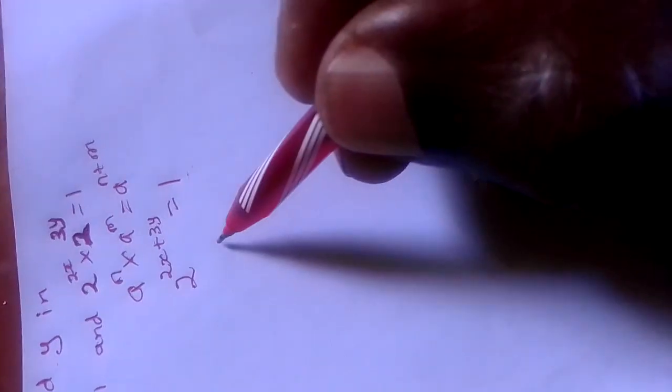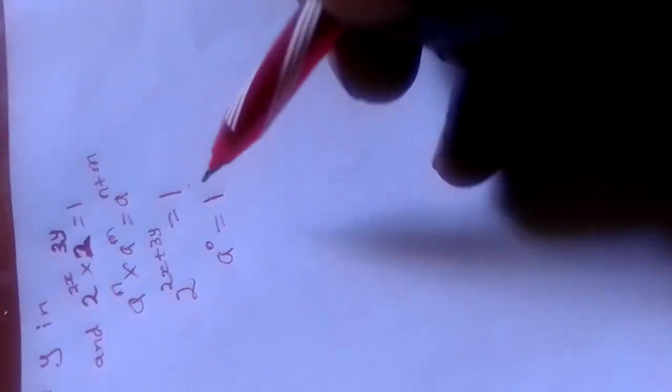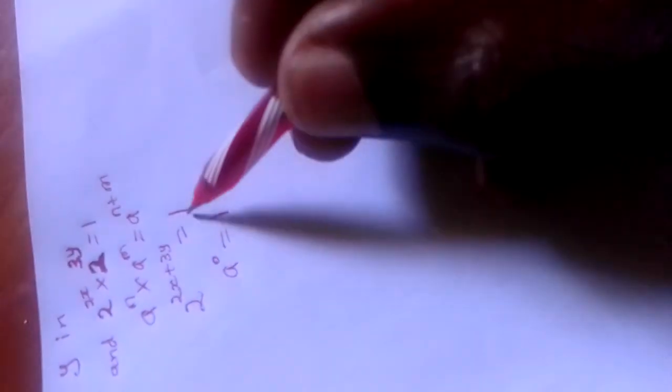Again, when solving indices, we have to have the same bases. So using the law of a power 0 being equal to 1, any number power 0 is equal to 1. So we have to give 1 a base similar to the base of 2 so that we may be able to solve, because without that we cannot.